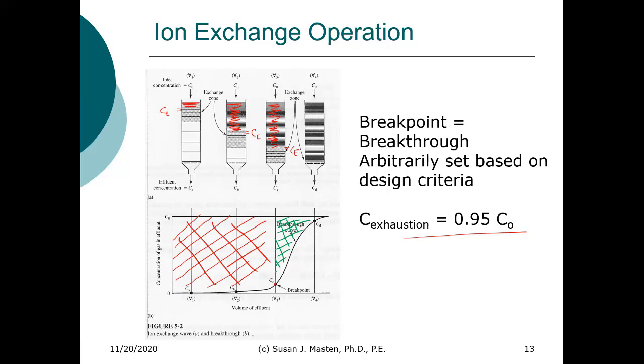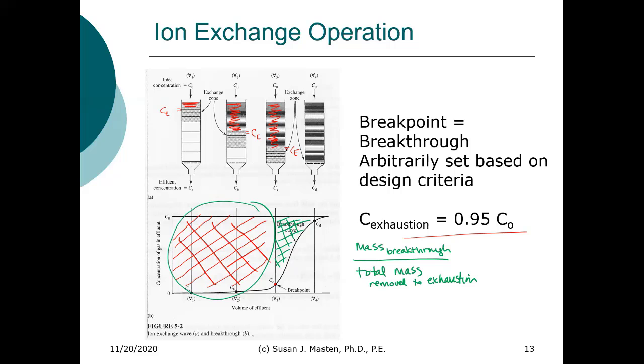If we multiply concentration times volume, we have mass. So this is the mass to breakthrough over the total mass removed to exhaustion. This gives us a sense of the efficiency.